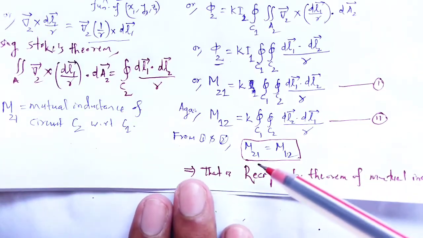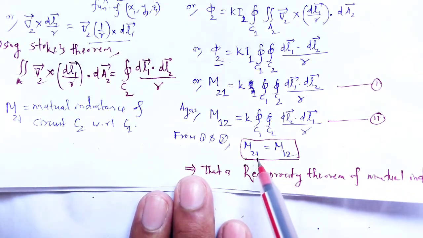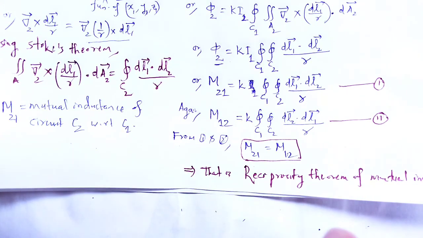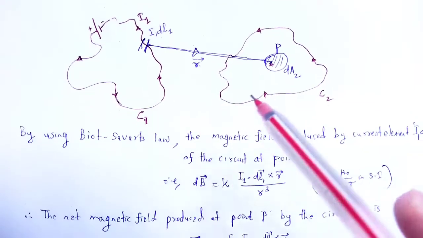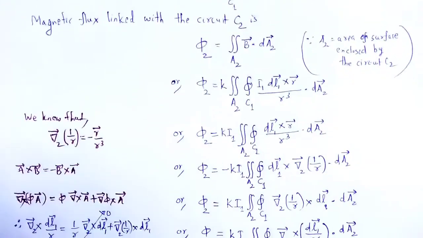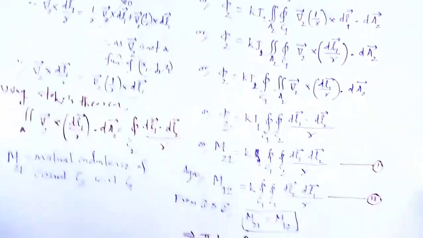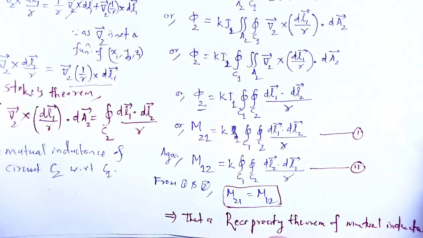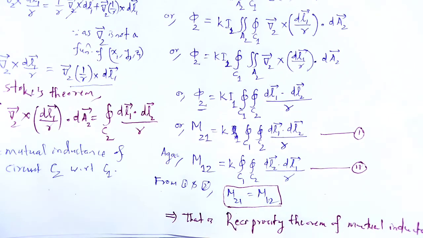According to that theorem, the coefficient of mutual induction remains the same irrespective of whether current is passed through coil C1 or through C2. There will be no change of mutual inductance. That particular theorem indicates that point.